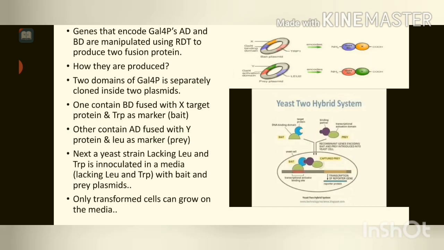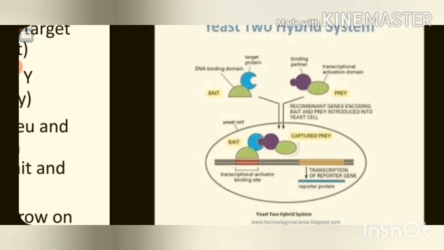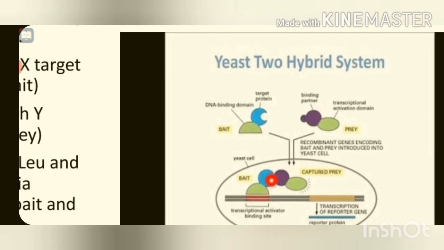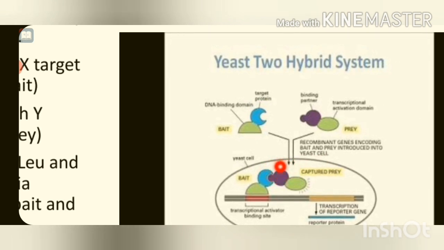In most cases, when the prey and bait are interacting with each other, they produce a colored reaction. So when we get the transcription product, in most cases the transcription products are colored products. So by observing that color, we can say that those two proteins are interacting.